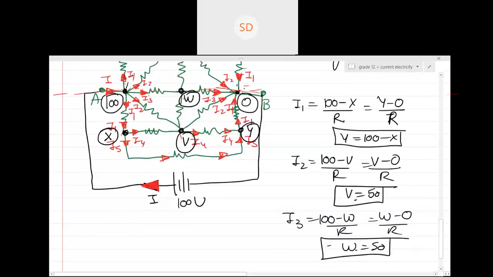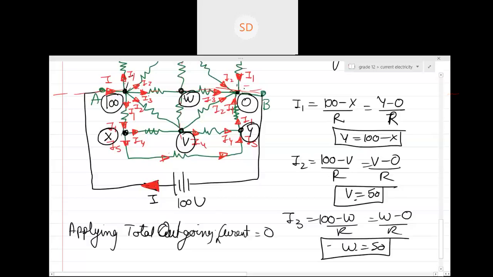Let's apply at this point. Guys, can we apply nodal? Applying total outgoing current 0 at X. So here at this point, can you see X minus 100? Although we know the current is flowing from 100 to X, but still we are doing total outgoing.